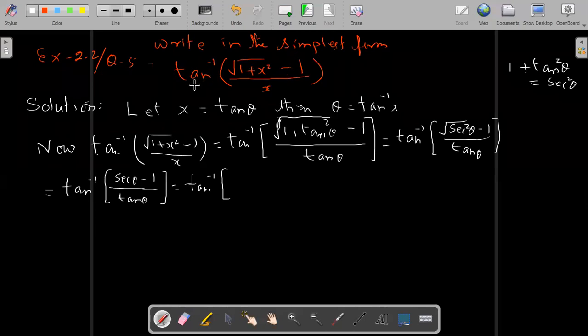Otherwise this tan inverse will not cancel, and we cannot compare with this theta. So what will we write here? Sec theta is equal to 1 by cos theta minus 1, and tan theta is equal to sine theta upon cos theta.